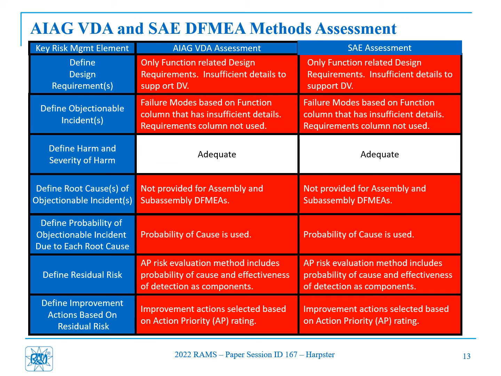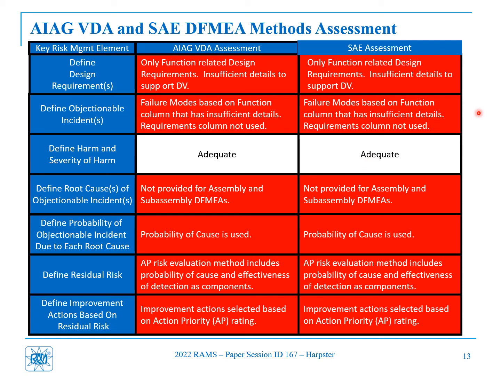When we compare the AIAG-VDA and SAE DFMEA methods to the basic FMEA fundamentals, we see there's some real problems. The first thing we see is, since these two methods require you to define functional requirements for every assembly, subassembly, and component, people write very generic statements in the requirements column of the design FMEA.